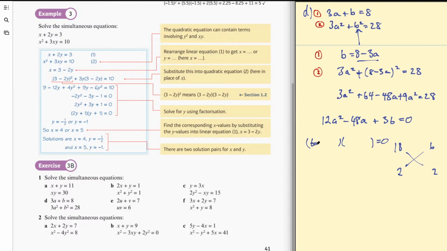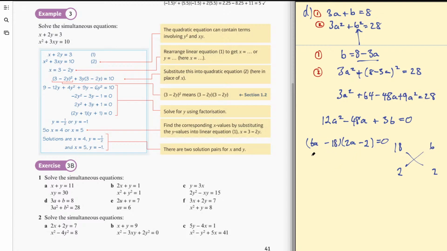This will be 6a and 2a, and then negative 2. So the 6 needs to be multiplied by the 2, so it'll be negative 2 over here and negative 18 here.